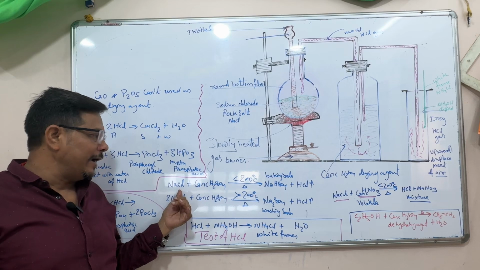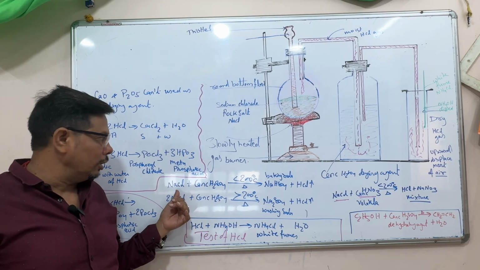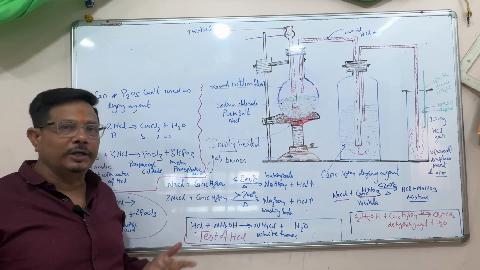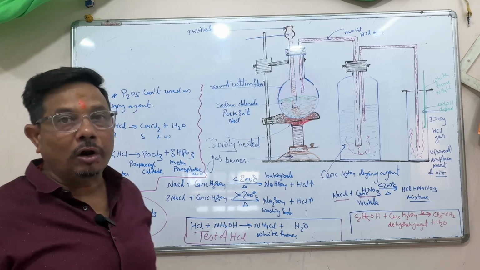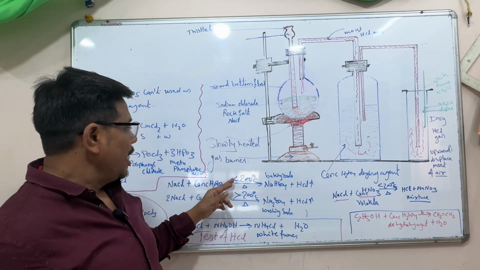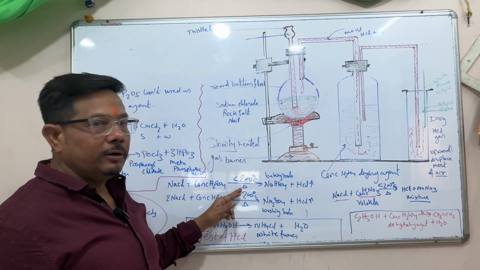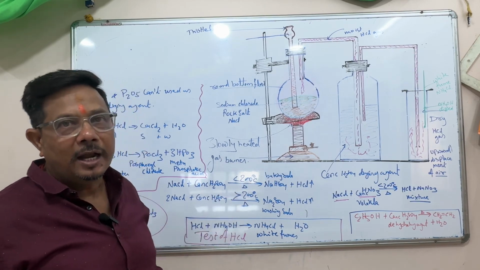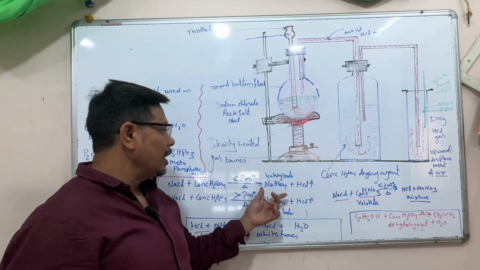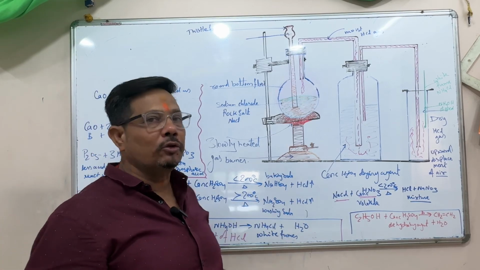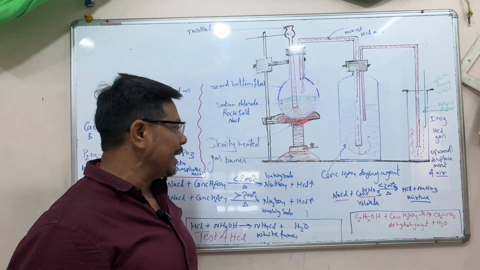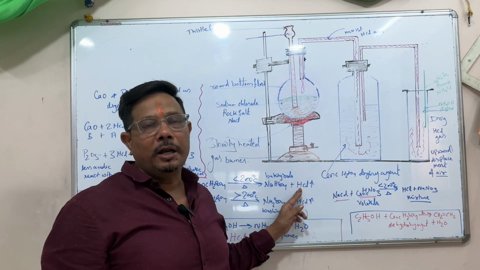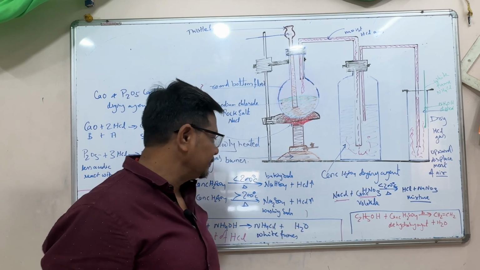When sodium chloride, called rock salt, reacts with concentrated sulfuric acid, called the king of chemicals, and is heated below 200 degrees Celsius, it forms sodium hydrogen sulfate or sodium bisulfate with liberation of HCl gas.